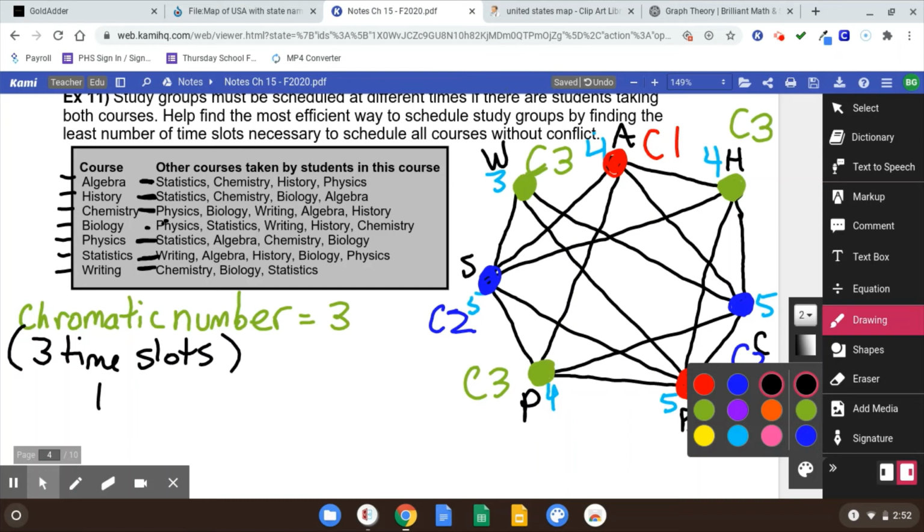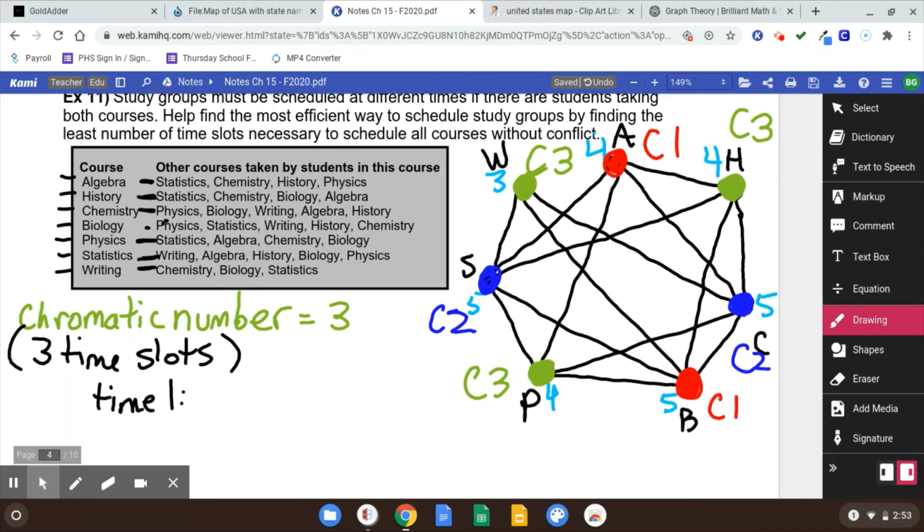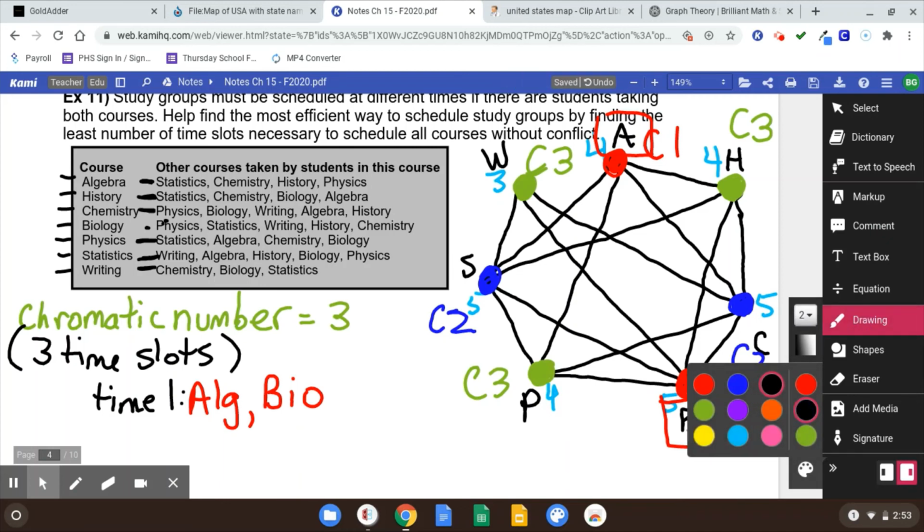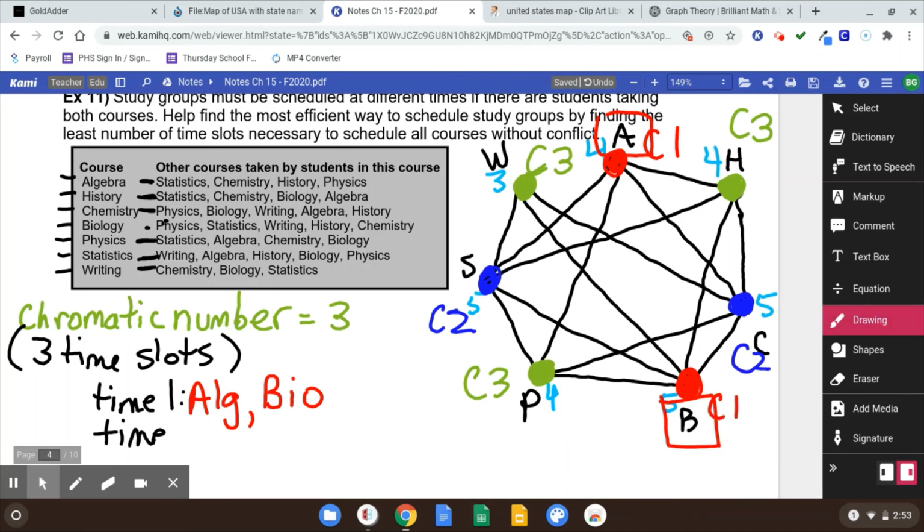So time 1. So if we're scheduling, maybe we say Monday at 6 p.m. That's our first study group. And in that first study group, we can have the color 1, which were algebra and biology. These 2. Time 2, looks like statistics and chemistry.